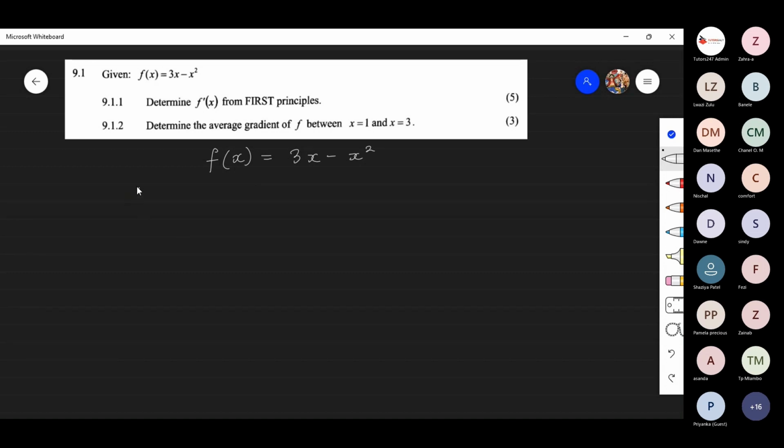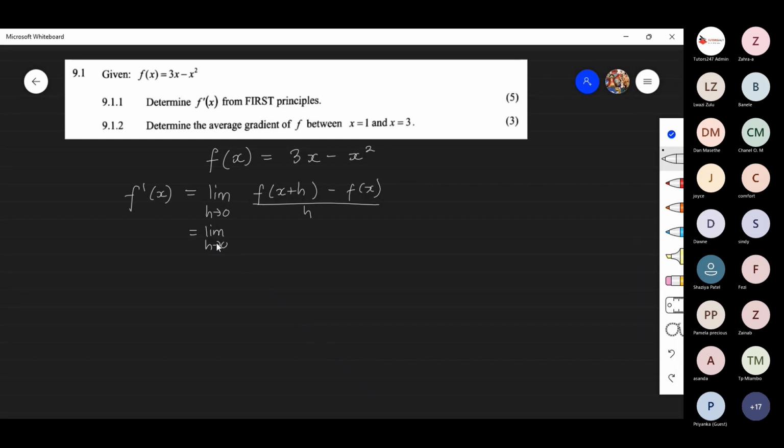So our formula is f prime of x equals the limit as h approaches 0 of f of x plus h minus f of x all over h. So let us bring down our limit because we are not substituting h as yet. Now from that point, we are going to substitute f of x plus h.